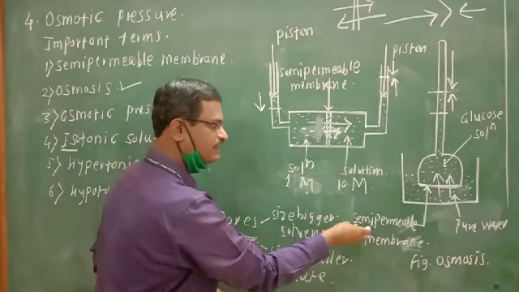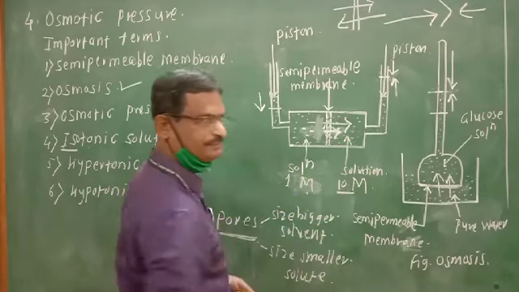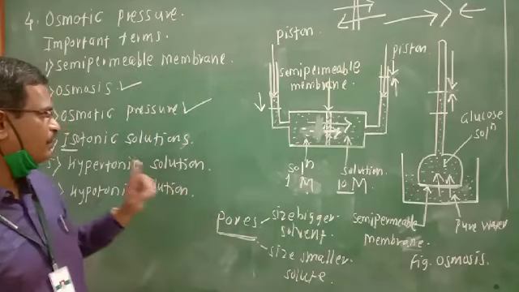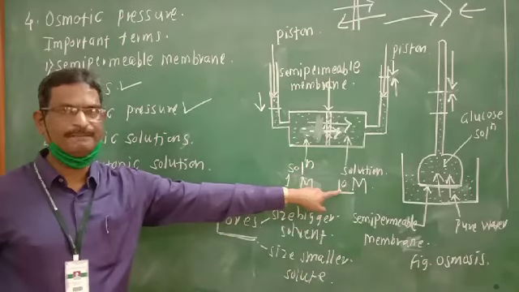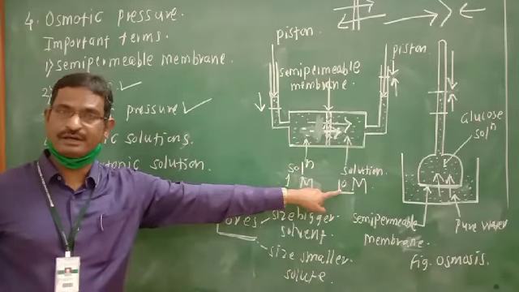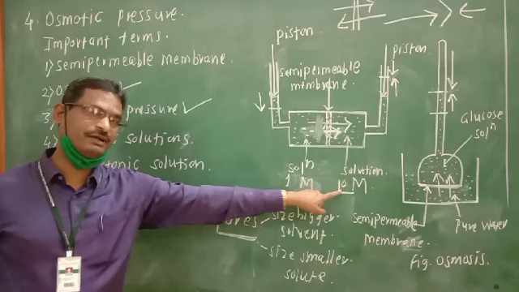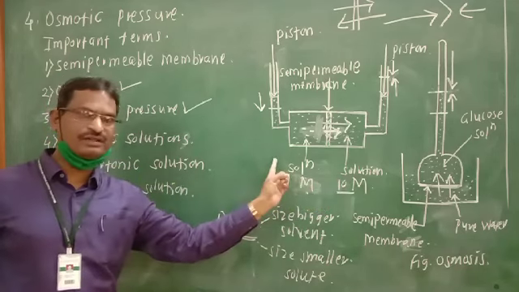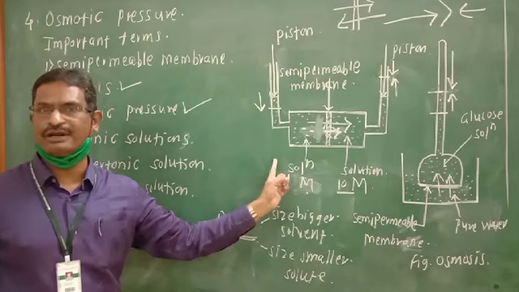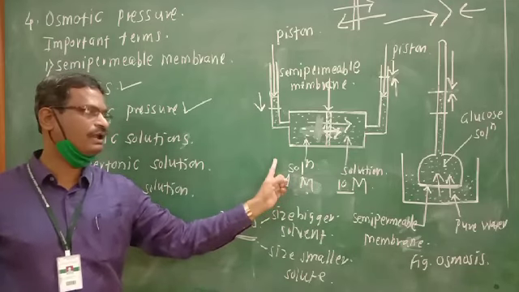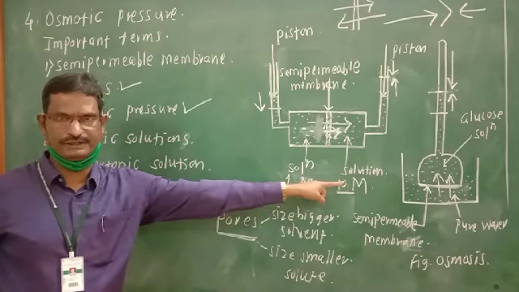That is known as a hypertonic solution. The solution which has higher concentration, lower vapor pressure, and higher osmotic pressure as compared with the other solution at a given constant temperature is known as a hypertonic solution.